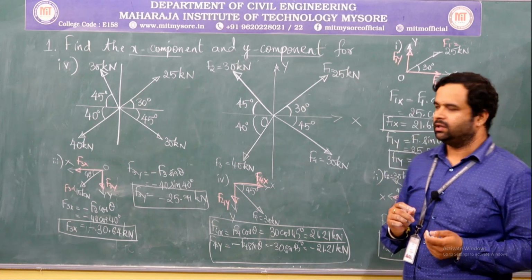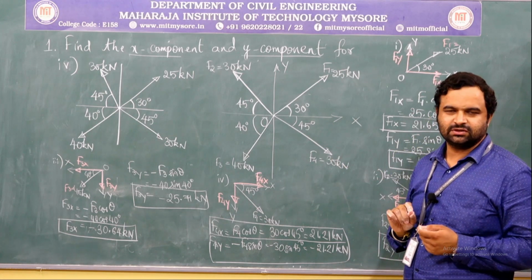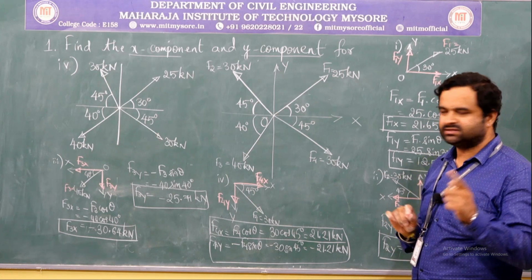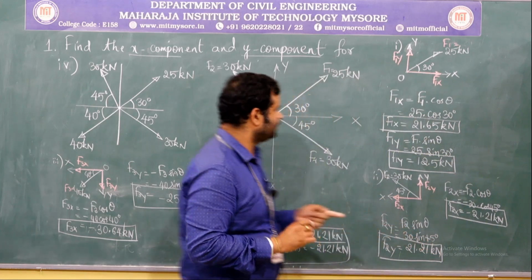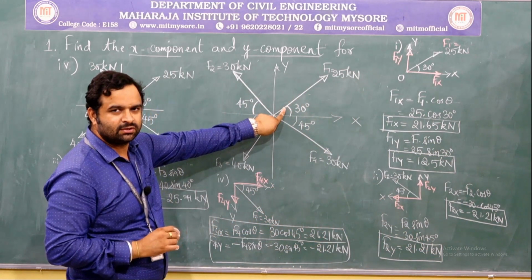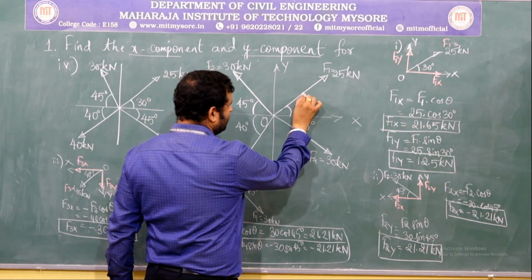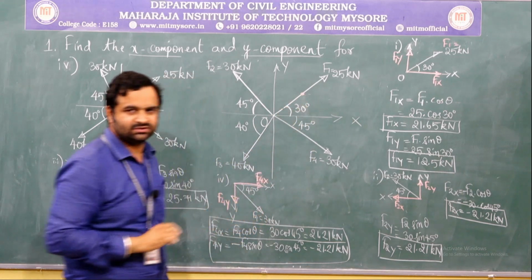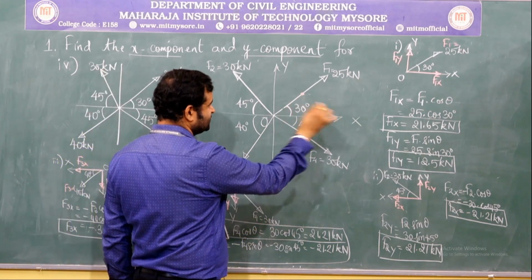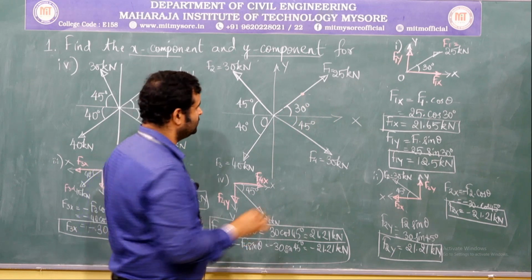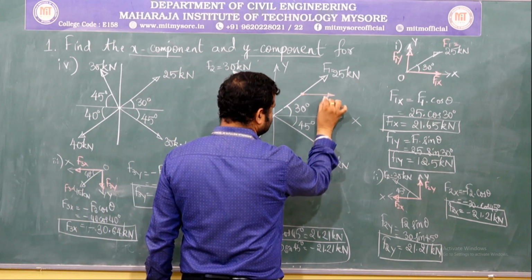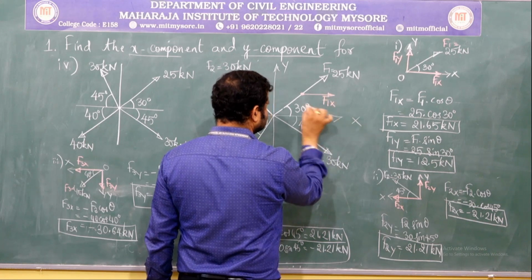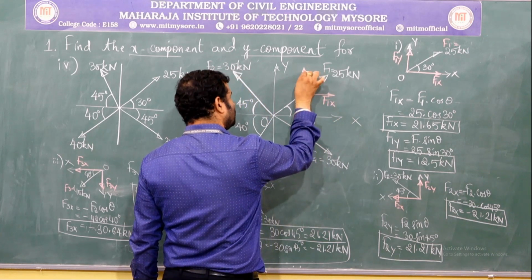That's why if you have forces of this kind, please adopt this way to write the resolved forces. If this is the first force, just consider a point somewhere along the force and write its x and y component accordingly. It is acting towards right. So this is F1x, and this is acting upwards, this is F1y.